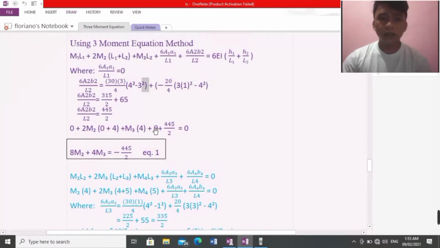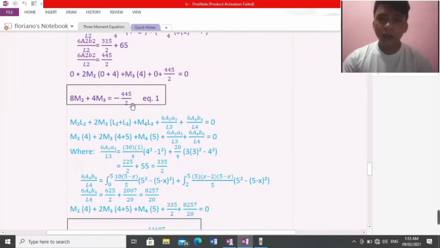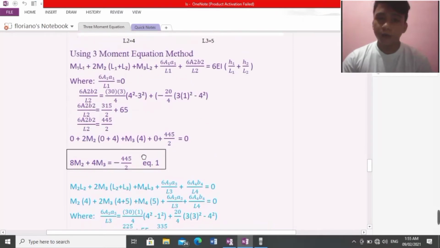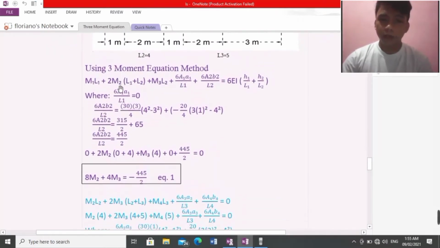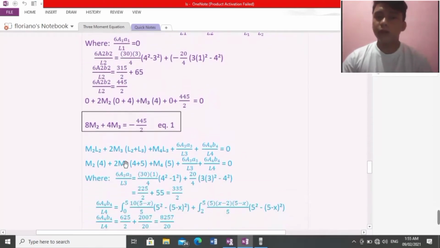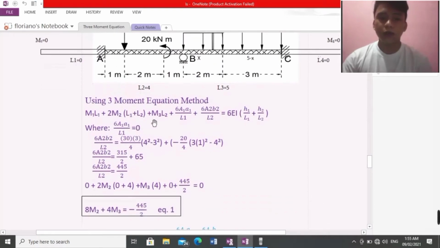So, kung dito sa una equation, ang ginamit natin is M1 times L1. Dito yon M1 times L1. Dito sa ikalawang equation natin is M2 times L2. Dito yun. So, kung dito is M2, dito sa ikalawang equation naman natin is M3.